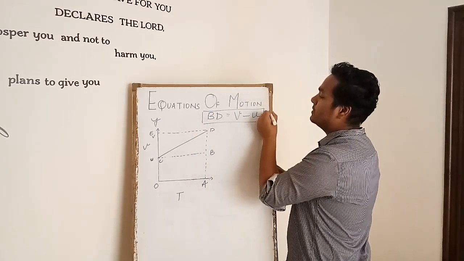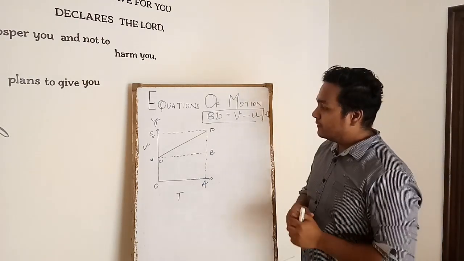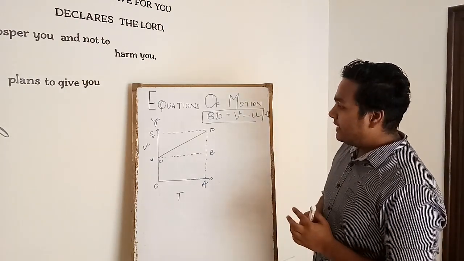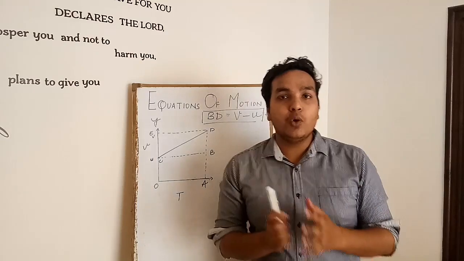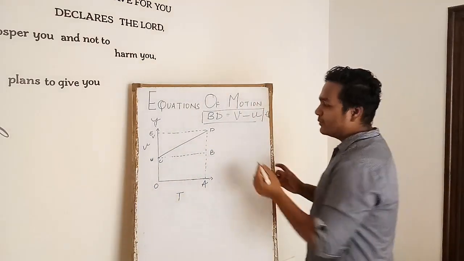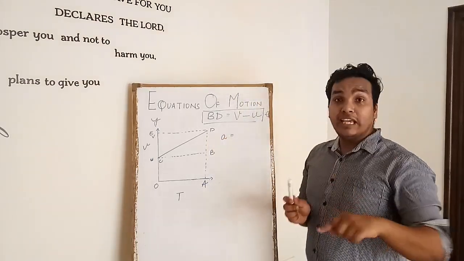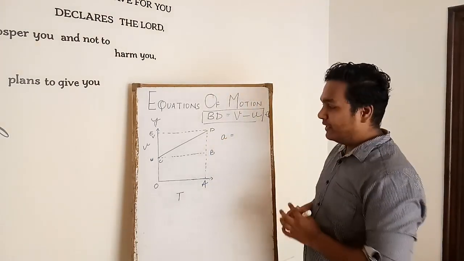This was our first equation. And we know that slope of velocity time graph represents acceleration. So acceleration is equal to change in velocity upon time period.